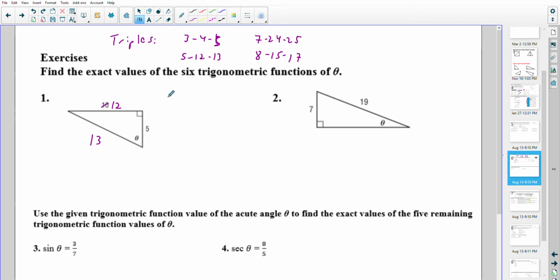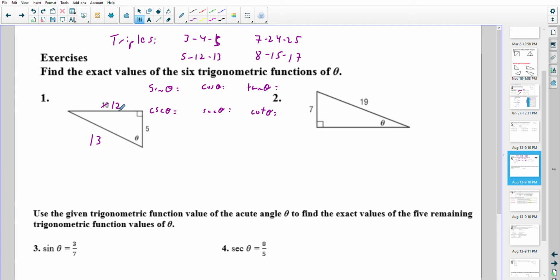Once you have that, I would write down all of the 6 trig functions on what you're trying to find. Now, notice that I would write these in a very specific order because I want to not think as hard as I have to. And when I write them in reciprocal order, then evaluating them becomes a lot easier.